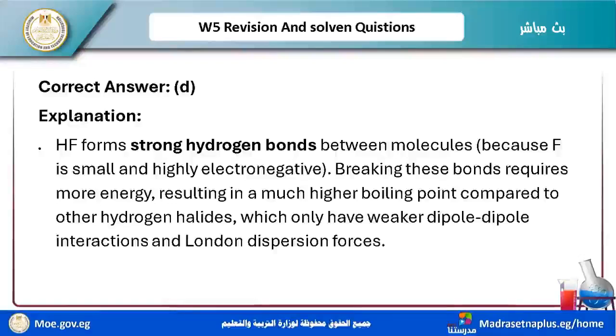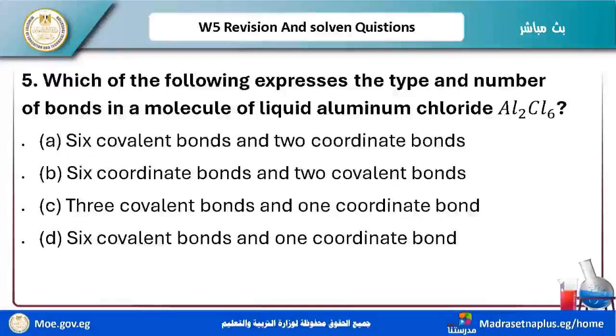Okay, breaking these bonds requires more energy, resulting in much higher boiling points compared to other hydrogen halides, which only have weaker dipole interactions and London dispersion forces. Now, this is not our teaching now, but it is an example of interactions between these atoms.